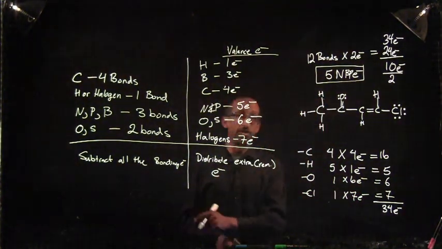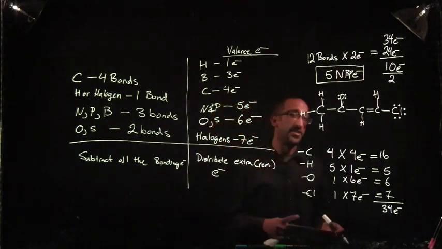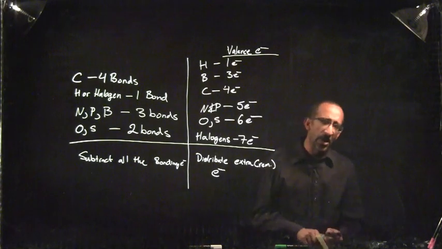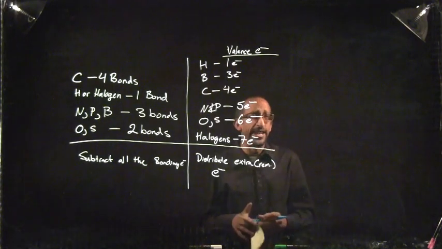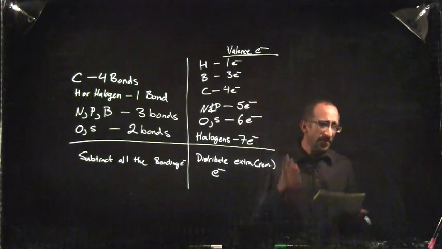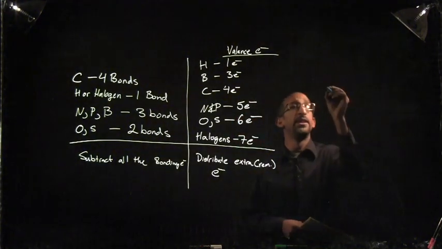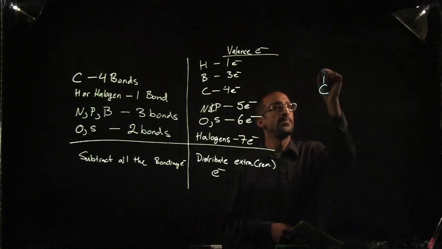And that's a great question. So next we're going to take a look at an example where that occurs. Okay, so an example where we violate the octet rule, and how do we handle it? So let's start off with this molecule here.